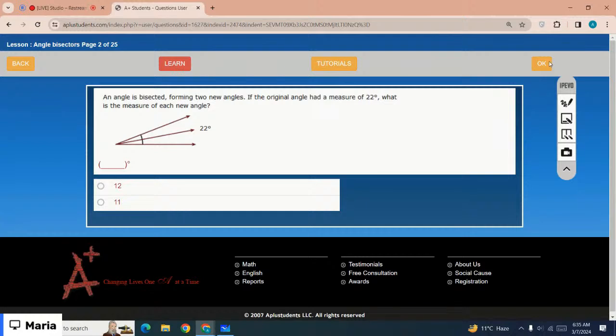An angle is bisected to form two new angles. If the original angle had a measure of 22 degrees, what is the measure of each new angle? So, the original angle is 22 degrees. You have to divide the angle into two parts, two portions. So, when you divide 22 into two portions, which is the measure of the new angles?